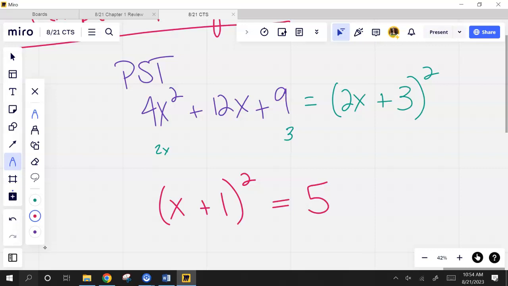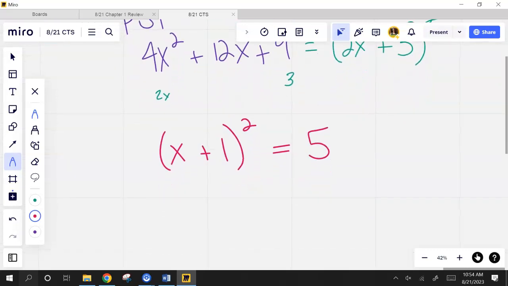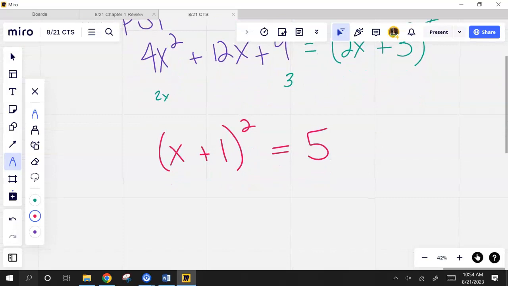I don't want to FOIL this. How many times? Equals what? Why can you not distribute this? Okay, that would be FOILing, but there's an easier way to do this.